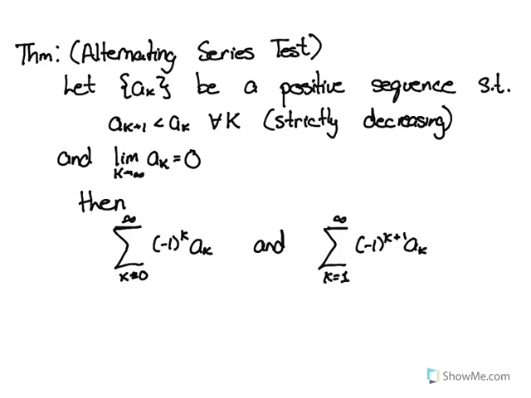I should change the first one to k equals 1 as well for consistency. Both converge. So again, if we have a positive sequence used to define an alternating series, and that sequence is strictly decreasing and its limit goes to 0 as k goes to infinity, then the corresponding alternating series, whether we start the first term as negative or positive, both converge.